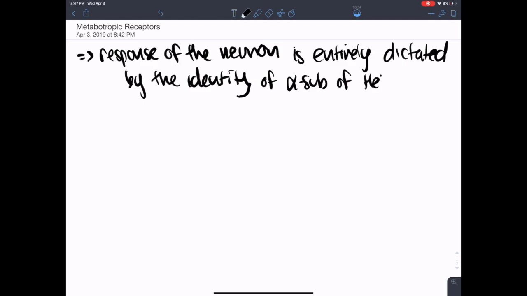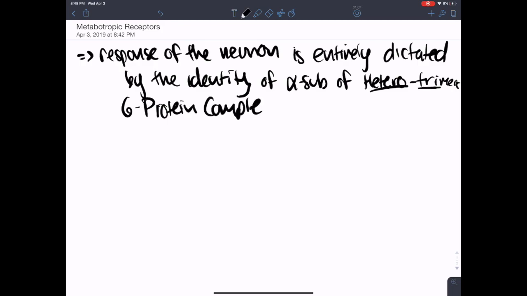So that's the hetero for different, trimeric, which is 3 different subunits, G protein complex. So what do I mean by this?